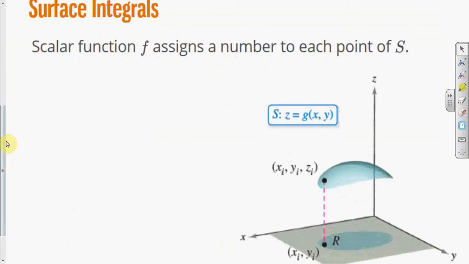This is what Gauss and Stokes will do, the so-called divergence theorem and Stokes theorem. Stokes is looking at the curl, the rotation of the fluid, and Gauss, the so-called divergence theorem, is looking basically at how the fluid diverges from a particular point.